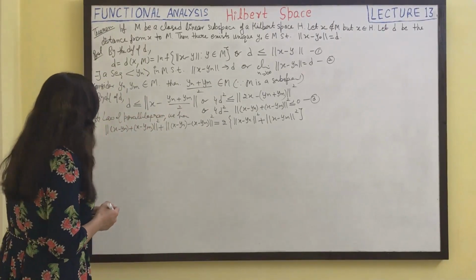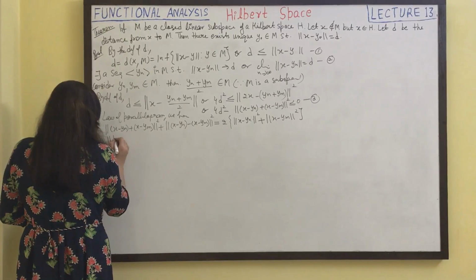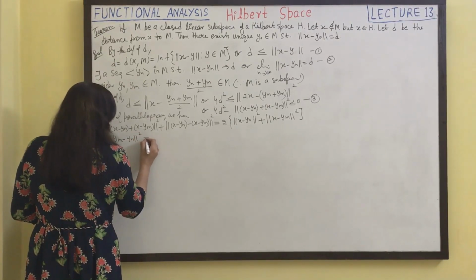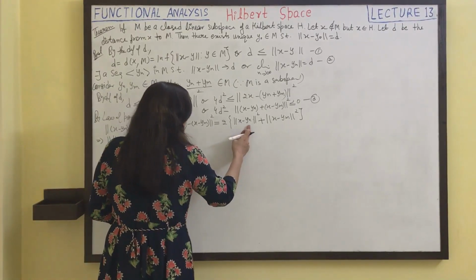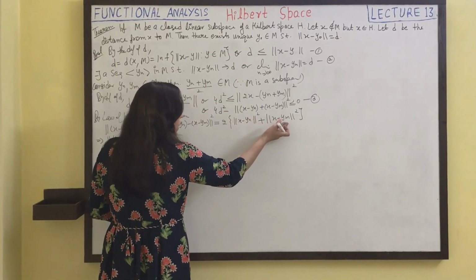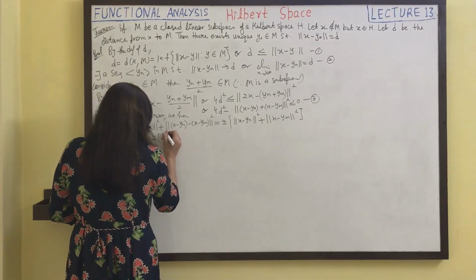Okay, and now this can be written as, from here, norm of ym minus yn squared is equal to twice of, we can replace norm of x minus yn squared and norm of x minus ym squared by d squared as n tends to infinity.